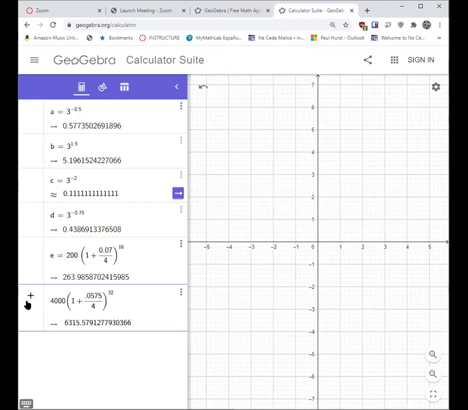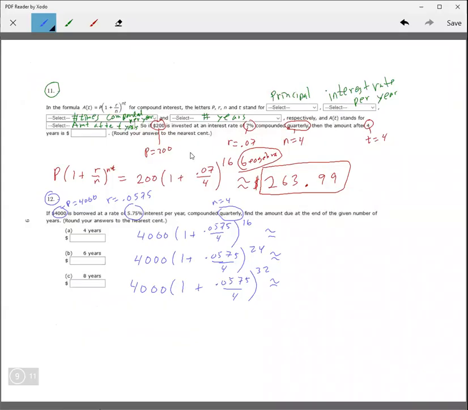So just change that to a 32, and you get $6,315.58. This 7 is going to round up to an 8 because you have a 9 there. So $6,315.58. Great. So let's go back to the PDF document, and we'll put the answers in.